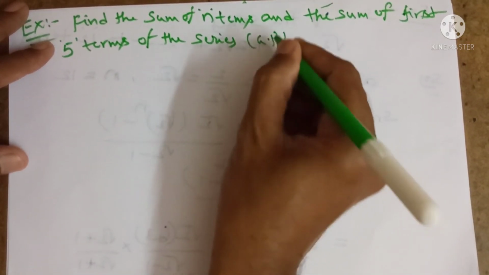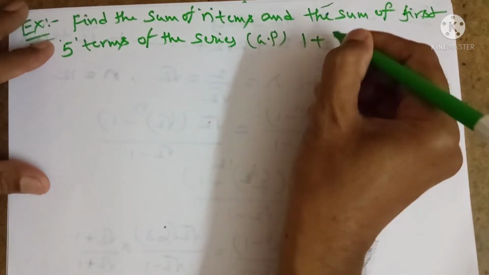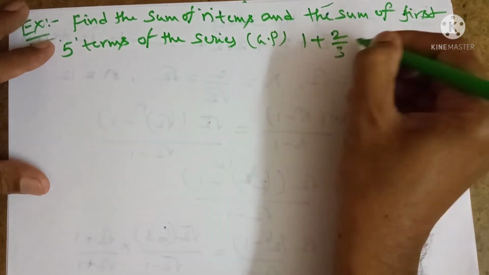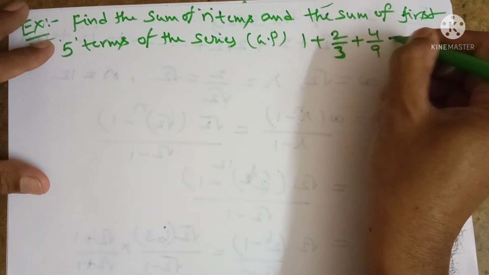In brackets it is given as a GP series. Which series? 1 plus 2 by 3 plus 4 by 9 and so on.